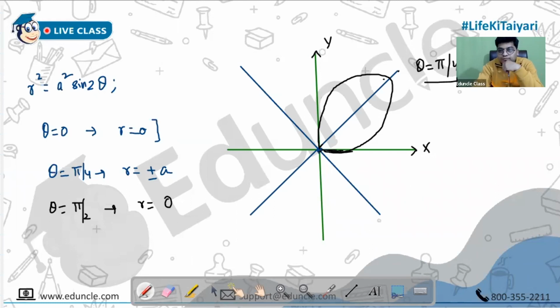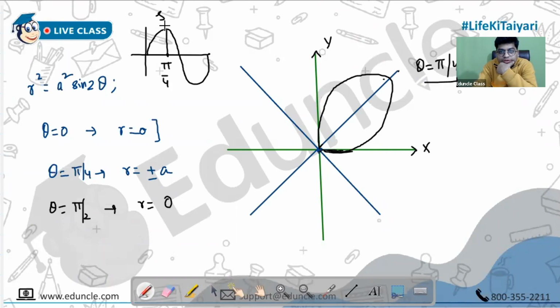Number two, if you know the graph of sine theta. If 2 theta is pi by 2, sine 2 theta is 1. Sorry, 2 theta is pi by 2, so theta is equal to pi by 4.